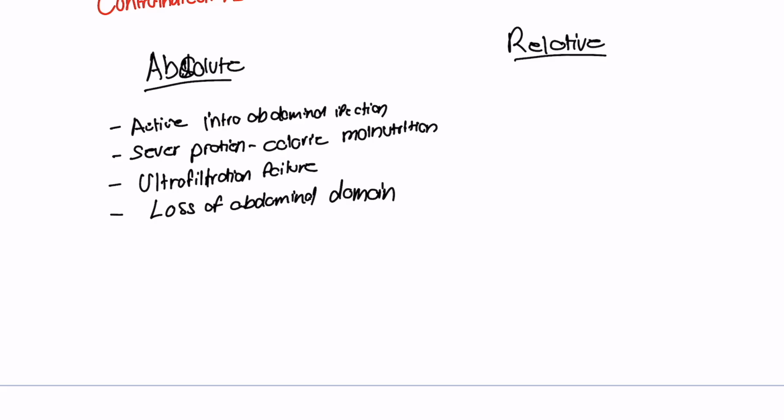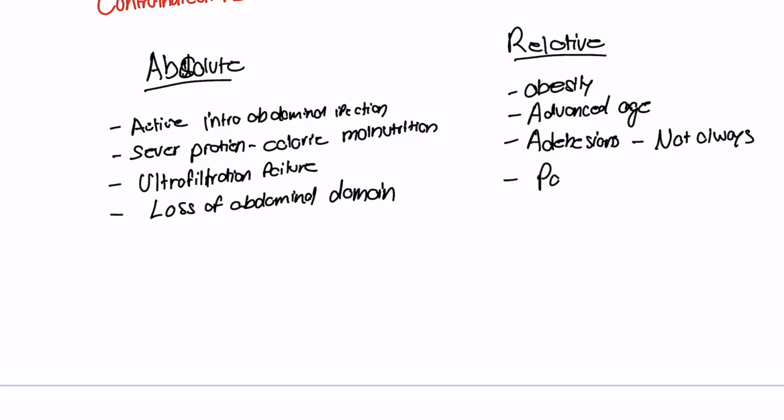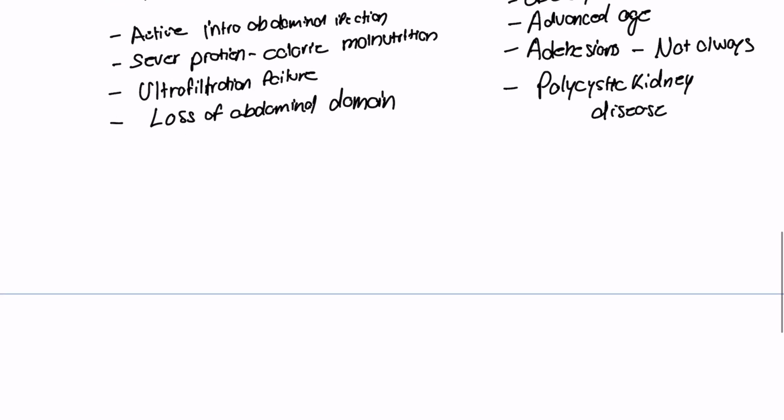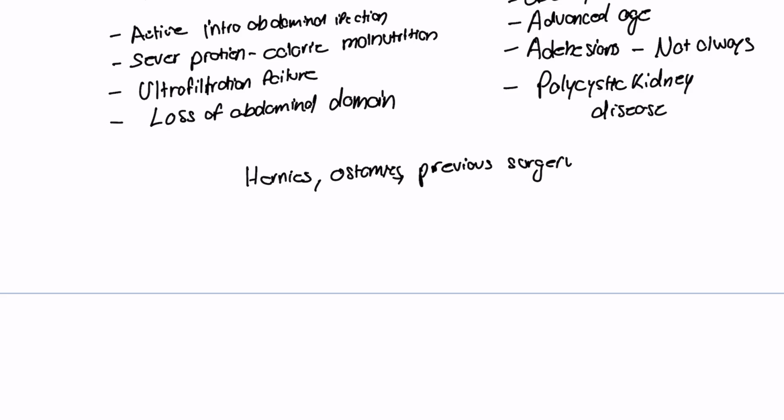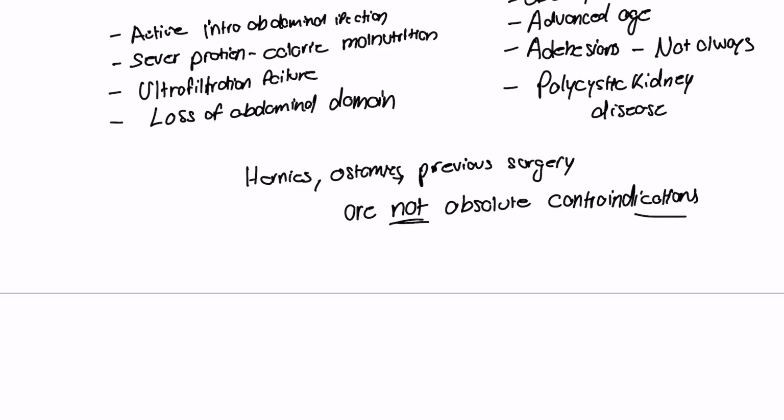Relative barriers include obesity, advanced age, adhesions, but not significant adhesions. So surgery in itself is not an absolute contraindication. And then polycystic kidney disease. Even hernias, ostomies, and previous surgery are not absolute contraindications for doing this.